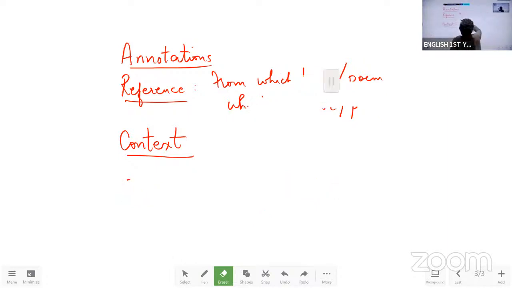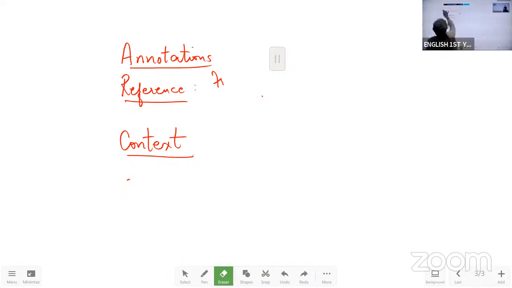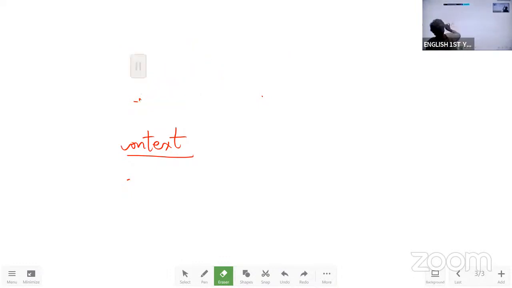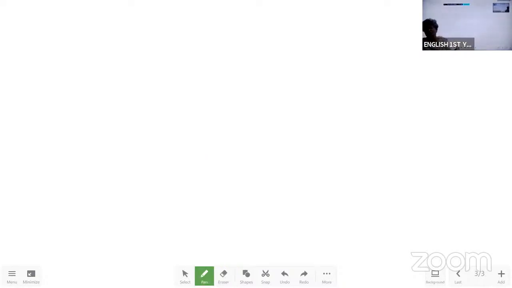When it comes to question and answer, the same thing you can reproduce without any subheadings. So children, remember, annotations, it's better to write with subheadings, and if possible, underline the keywords.